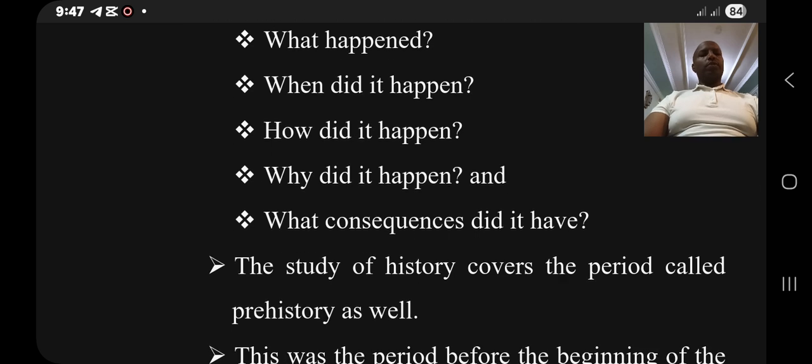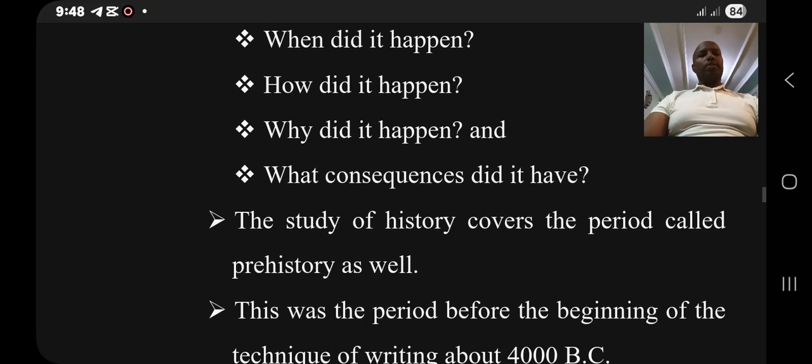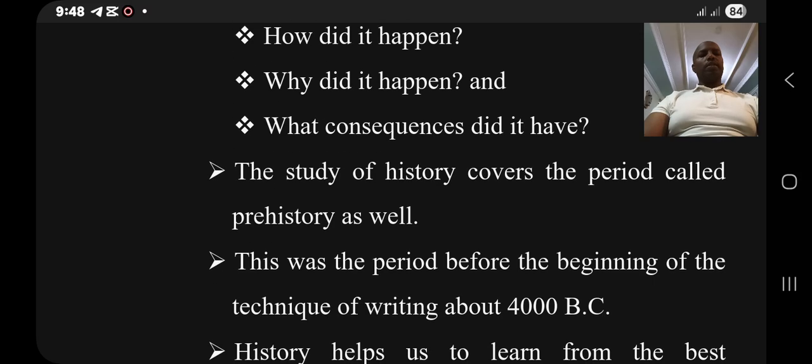The study of history covers the period called prehistory. When I say prehistory, it means the period before the beginning of the technique of writing, about 4000 BC.